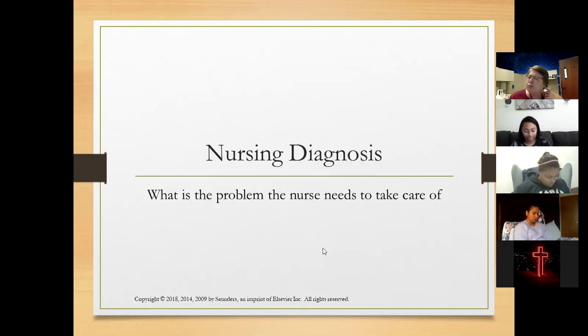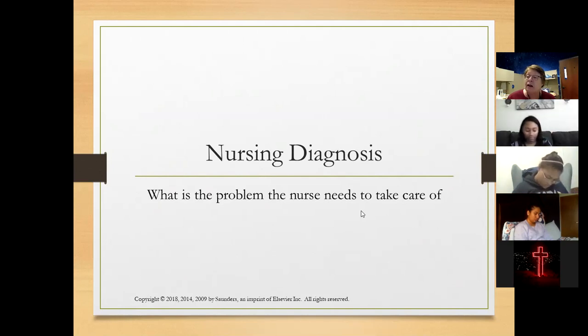And once we have that data, we're going to develop our nursing diagnosis. So what is the problem the nurse needs to take care of? These nursing diagnoses were developed by NANDA, an organization that writes nursing diagnoses, back in the 50s, because they determined that nurses need to take a more active role in patient well-being, in patient care, in patient decision-making about what to do for the patient.